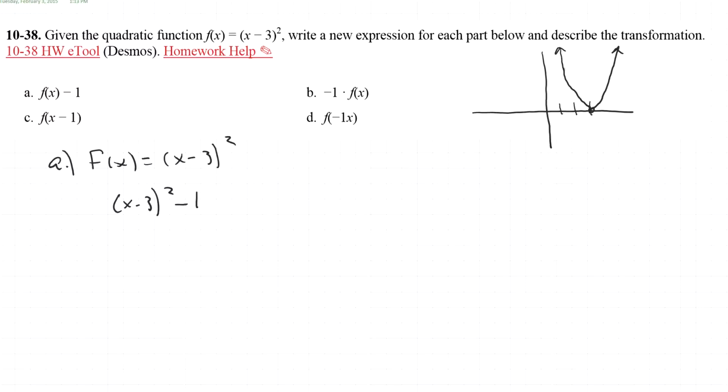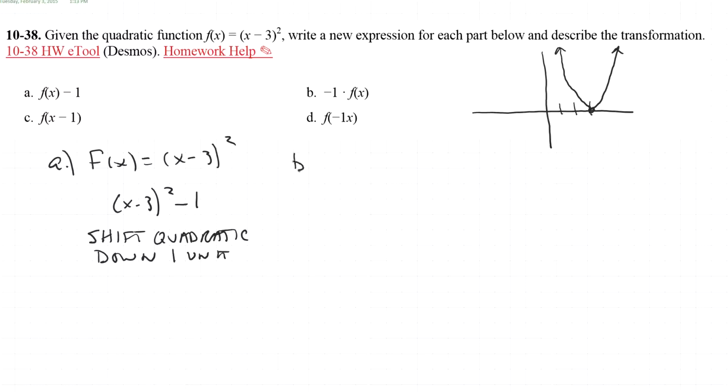Okay, so what's that going to do to this graph right here? It's going to drop the vertex down 1 unit. So it's going to shift the quadratic down 1 unit.